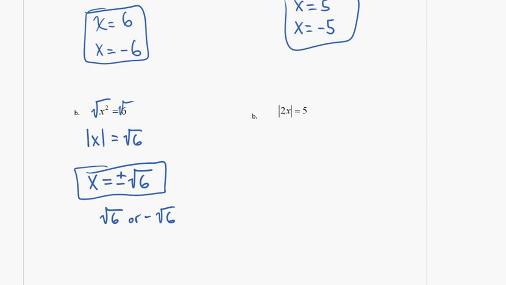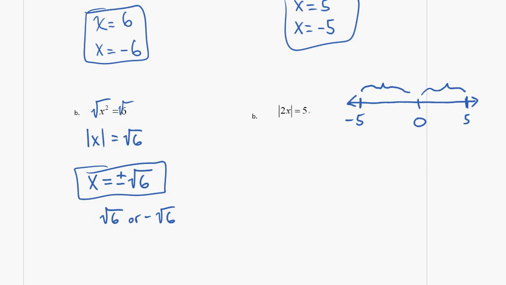Okay, and now the last problem here, the absolute value of 2x equals 5. In order to remove this absolute value sign, we need to think again about distances from 0. So we know that the absolute value of 2x equals 5. Well, that means you could go 5 this way, or you could go 5 this way from 0. Now, of course, if you go to the left, that puts you at negative 5, not at positive 5.